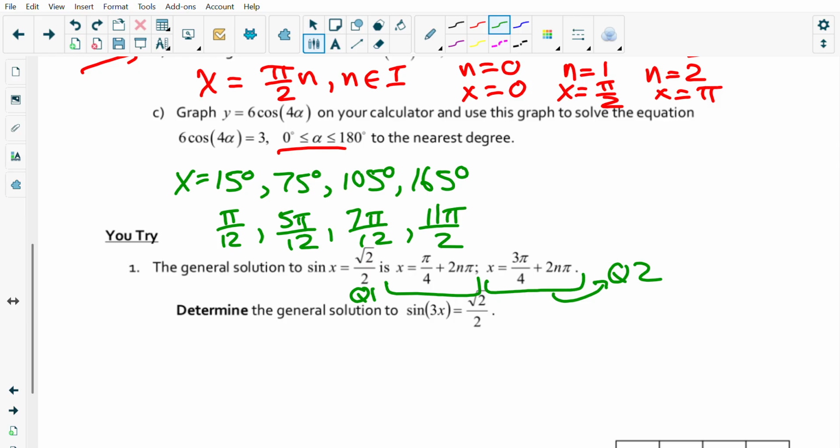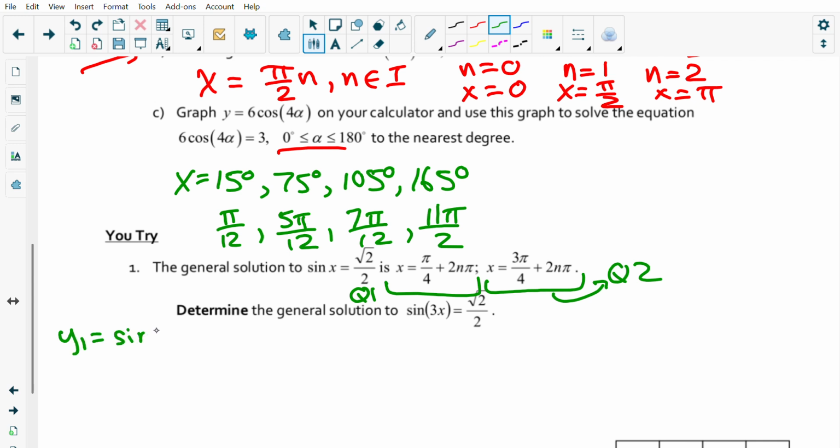Okay, so let's determine the solution to sine of 3x equals square root of 2 divided by 2. If I graph sine of 3x, do that on your graphing calculator.